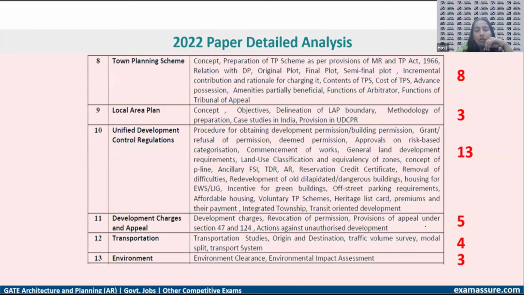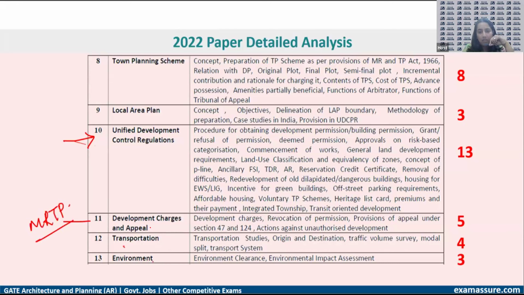Town planning schemes, 8 questions. Local area plan, 3. UDCPR is basically the Unified Development Control Regulations for Maharashtra state, which are applicable pan Maharashtra now. So these again are very, very important. After that, development charges, which is also a part of your MRTP Act.